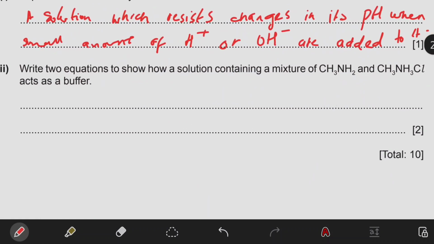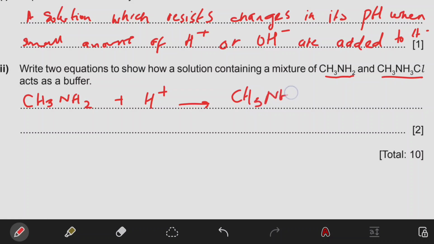Write two equations to show how a solution containing a mixture of an amine and its salt acts as a buffer. Since we said that they resist the change in pH when H+ and OH- are added, we need to show that. Let's write down the equation for this amine first. It will obviously accept a proton. We did that in the earlier part as well. With H+, that would simply give CH3CH2NH3+.